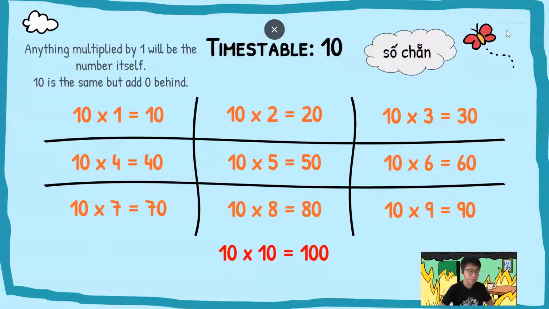Similarly, anything multiplied by 10 will be the number itself, but with a 0 behind. So 10 times 1 equals 10, 10 times 2 equals 20, and 10 times 10 equals 100. 10 is an even number because it is equal to 5 times 2, which is an even number. So 10 is also an even number. So, chẵn.